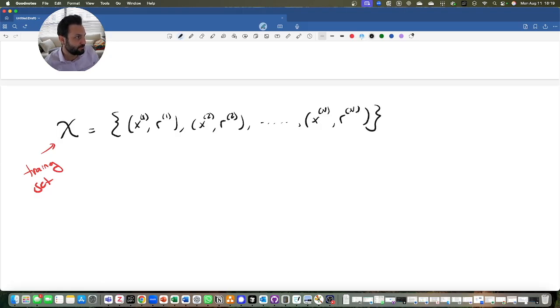Why did I rewrite the whole thing? So that you can see that these are my classes, either 0 or 1. I have a bunch of zeros and ones, and these are my labels.